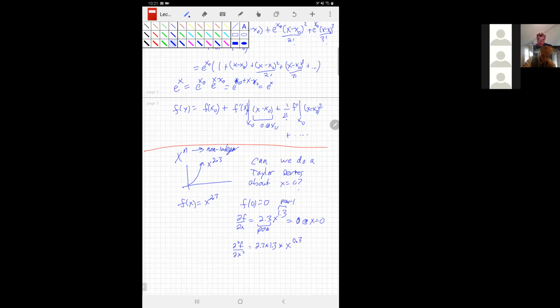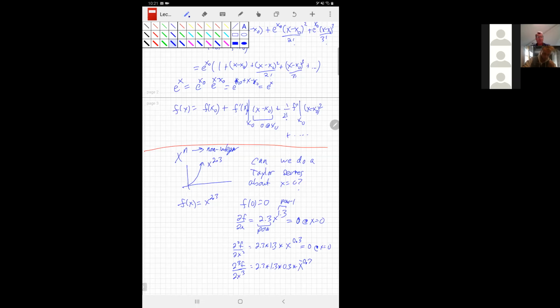And 0 to the 0.3 is also 0 at x equals 0. So far so good. But now let's take that third derivative. We get 2.3 times 1.3 times 0.3 times x to the minus 0.7, because 0.3 minus 1 is minus 0.7.